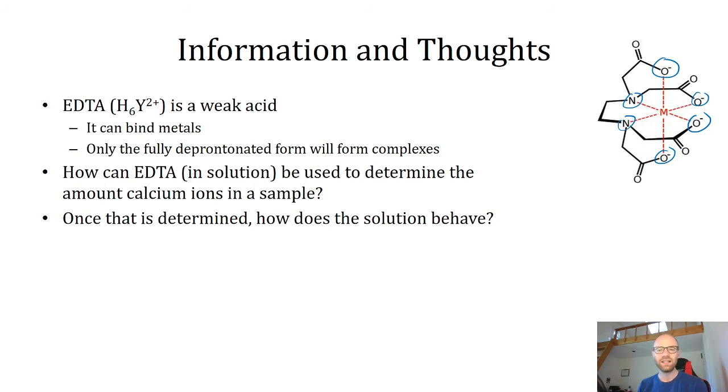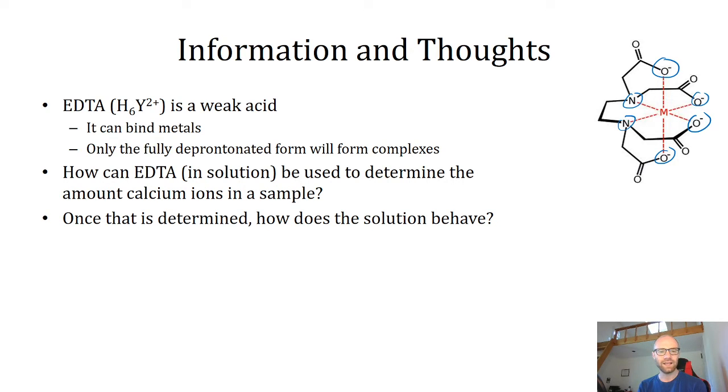Different thought. EDTA can bind metals. I feel like we can use that information to measure the amount of metal in a sample. In food and preservatives, when you're using EDTA, the goal is just to trap all of the metal ions for whatever purpose. But just like we've been learning all year, there's the all approach, and then there's the smart approach, where you can maybe use the right amount, or within reason, plus or minus 10%.